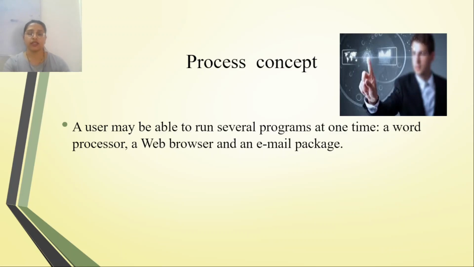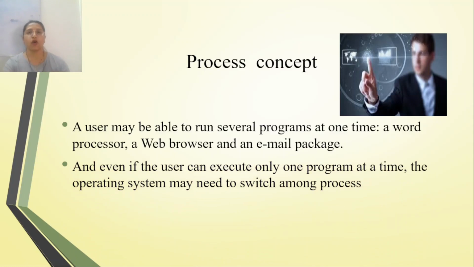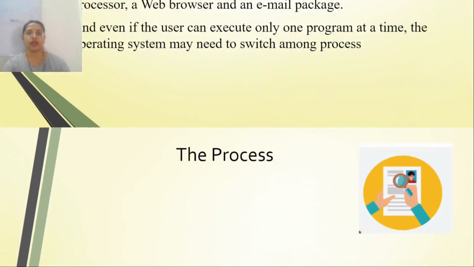So in the process concept, you need to understand what processes are, and that in a multi-programming system, multiple processes can be executed simultaneously. The switching of the processes is so quick that we think the processor is dedicated to a single task, but a single processor will be switching among a number of processes.